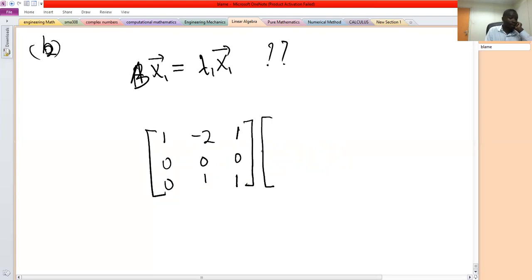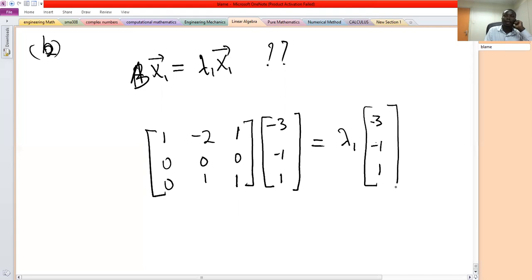We multiply by x1, which is given as negative 3, negative 1, 1. Should give us lambda 1 times negative 3, negative 1, 1.